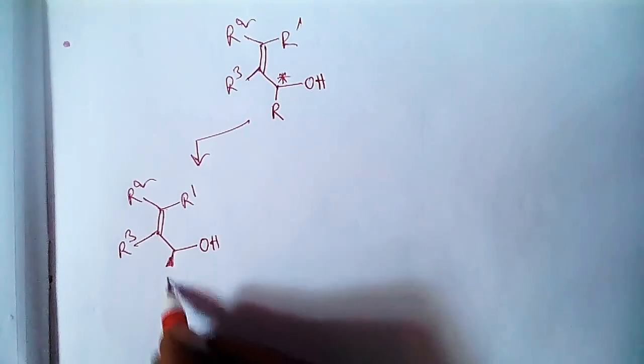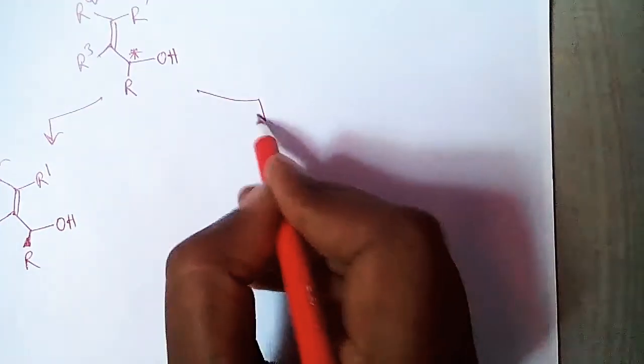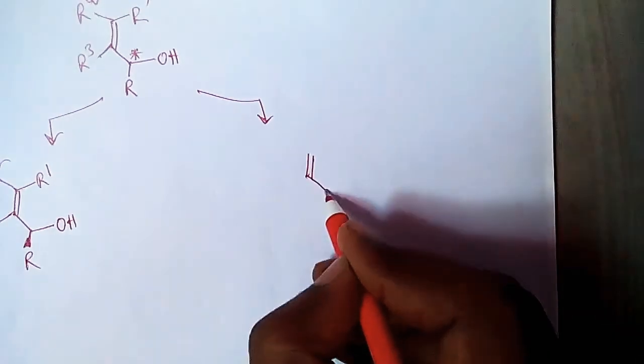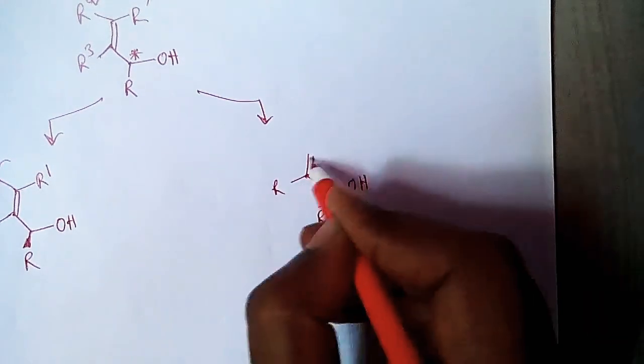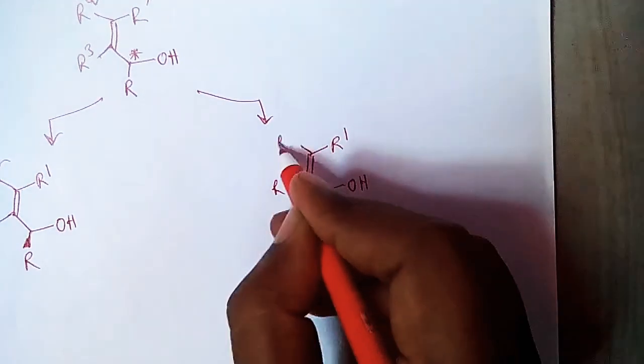One is R on the upper side and the other is R on the below side, with R1, R2, R3.